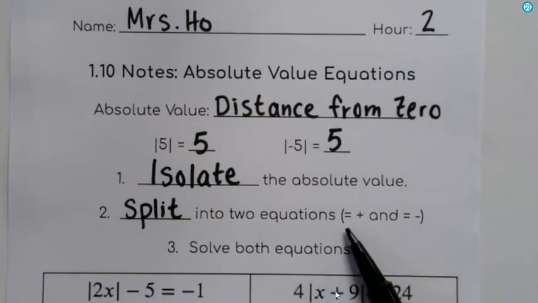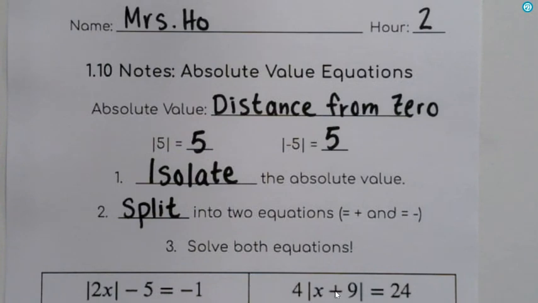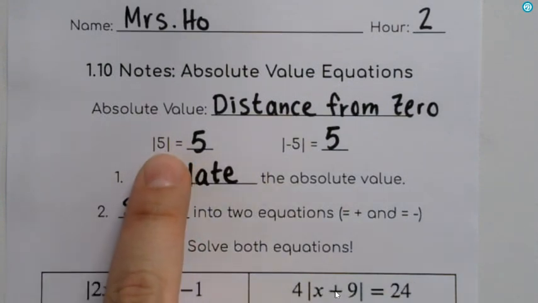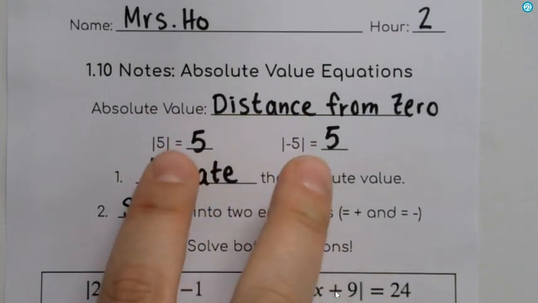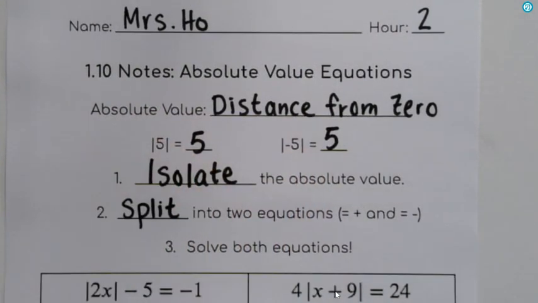So that was my shorthand of writing equal to positive and equal to negative. The reason why is if I say that the absolute value of something is 5, then that means what's inside the absolute value could either be equal to 5 or it could be equal to negative 5. So we have to solve both of those possibilities. And then that's step 3, is to solve both of those equations.